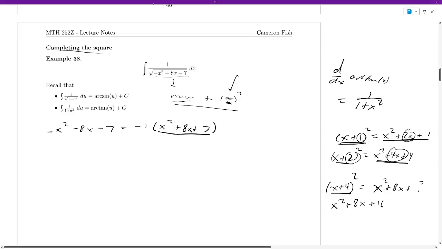Okay, so our polynomial here is not a square, but it's almost the same thing as this x plus 4 squared. In fact, how far away is it from x plus 4 squared? Let's write this down. Notice that x plus 4 squared is x squared plus 8x plus 16.